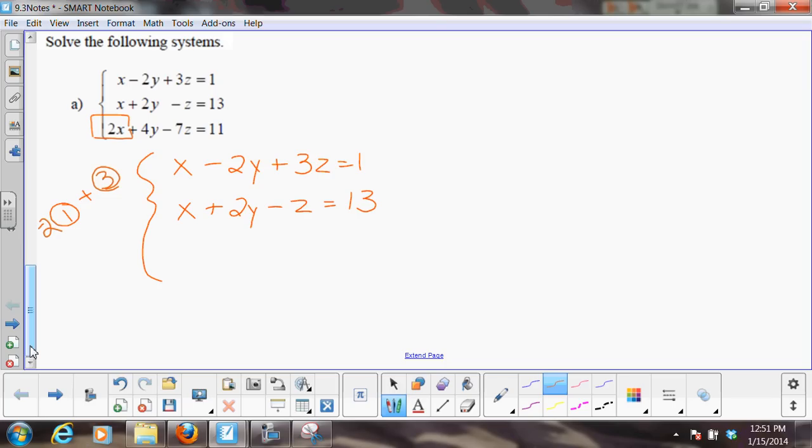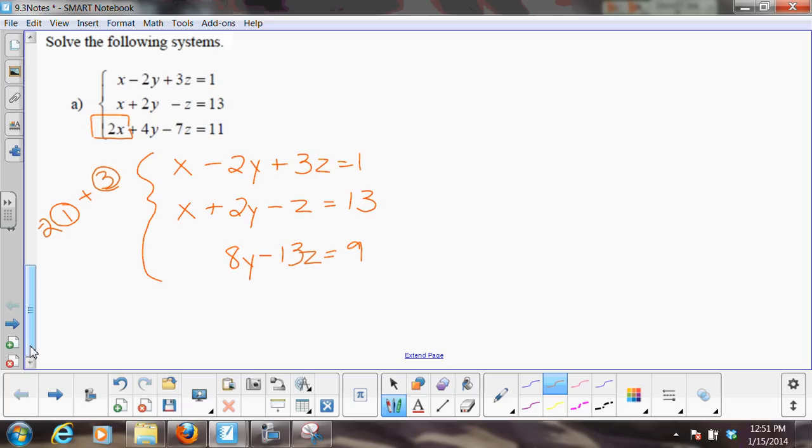So -2 times -2 is 4. 4 plus 4 is 8y. Remember, I'm using row 1. -2 times 3, which is -6. -6 minus 7 is -13z. And then -2 times 1 is -2. Plus 11 would be 9. Here's my new system.